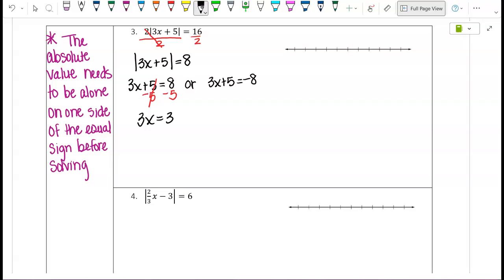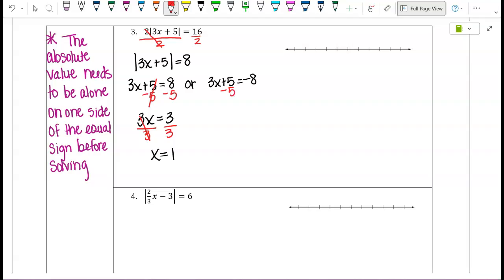And then I have to undo my multiplication. Divide both sides by 3. So x could equal 1. Now I have to go back and solve the second equation.